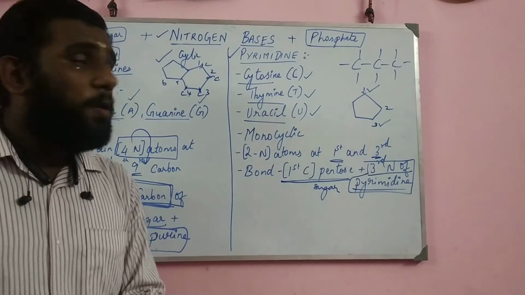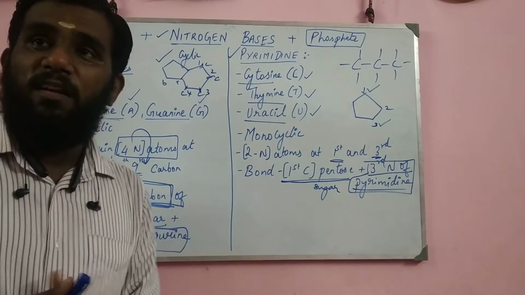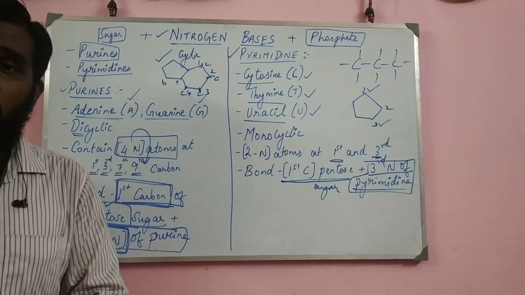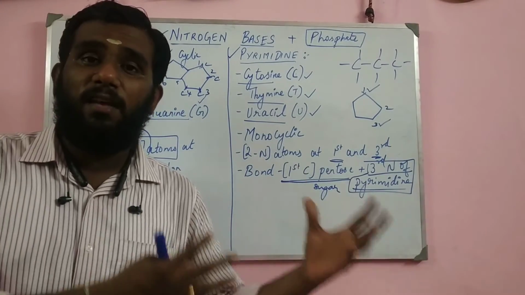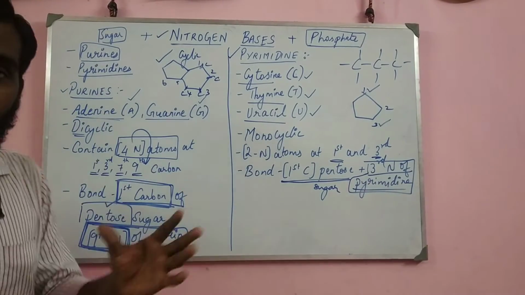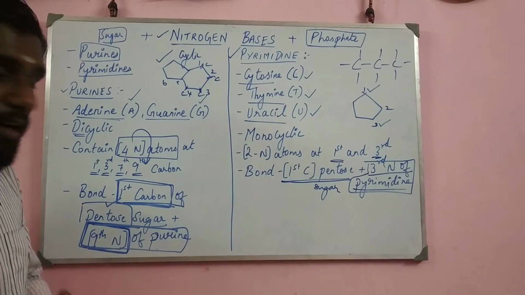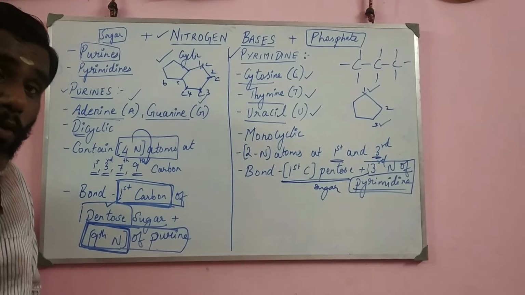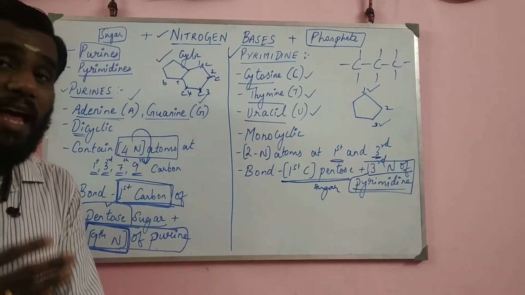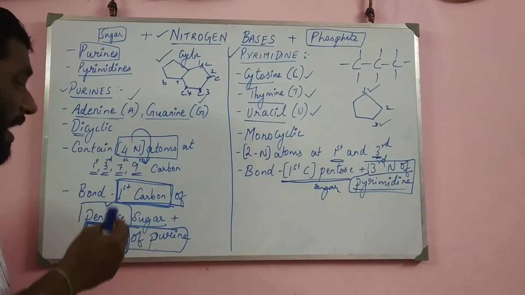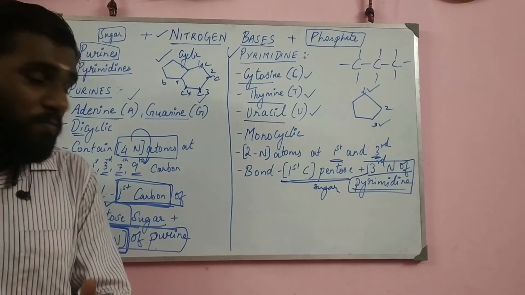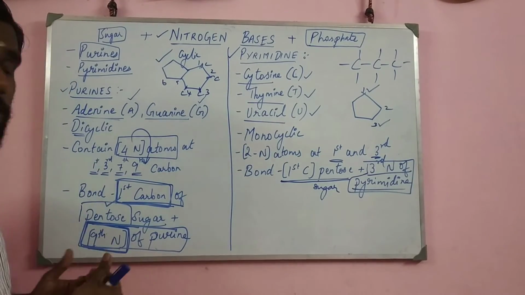So to keep it very simple, we'll make a quick recapitulation of everything. The nitrogenous bases are basically divided into two categories, purines and pyrimidines. Purines are of two types, adenine and guanine, and they are dicyclic compounds. They contain 4 nitrogen atoms at the first, third, 7th, and 9th position, and the bond usually takes place between the first carbon of the pentose sugar and the 9th nitrogen of the purine.